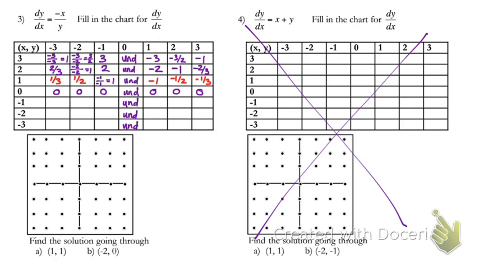All right, pause the video again, and then unpause it when you're ready to check the row for -1. Here's the row for -1. We get -1/3, -1/2, -1, undefined, 1, 1/2, 1/3. All right, pause the video again to check the next row.